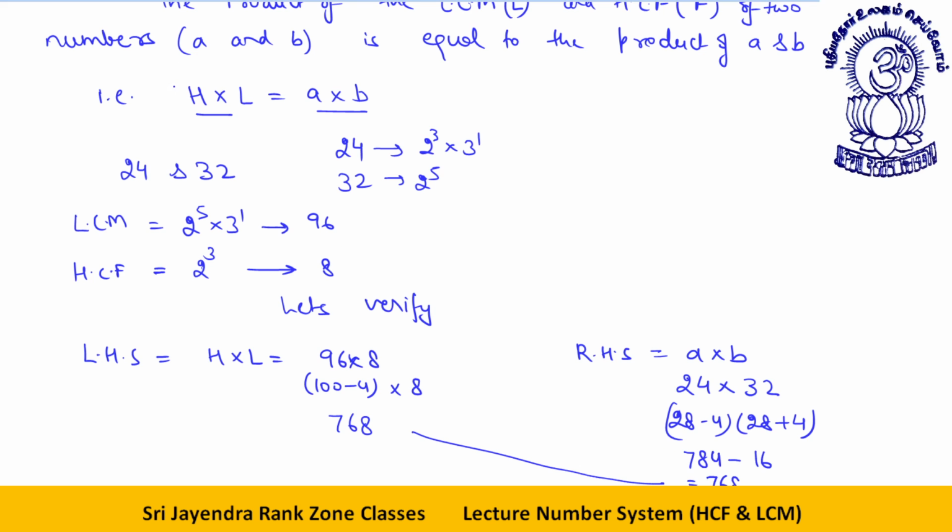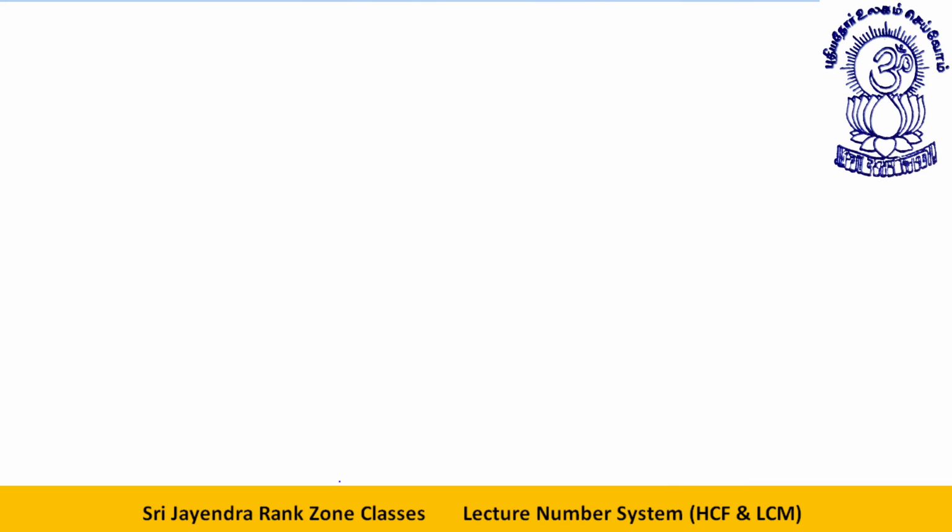So what we can observe is HCF into LCM. The product of HCF and LCM is equal to the product of the two numbers A and B. Clear? Now we will be doing some questions on this topic.